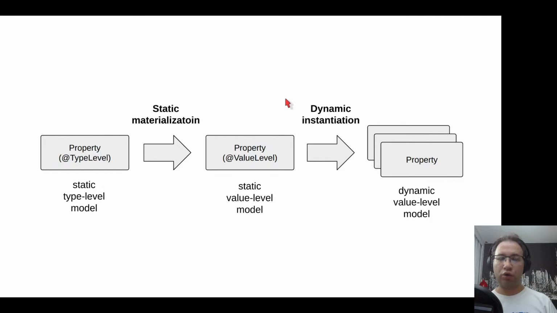keep our initial graph for documentation purposes and for querying purposes, but this part vanishes after compilation, because compilation erases types, right? We still need this part of what were the static properties that were used to create dynamic properties. So after static materialization you get this value level model, and it remains, I'm not sure, intact.